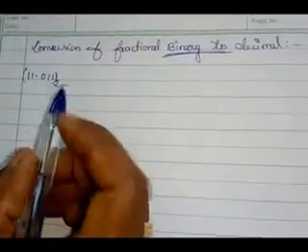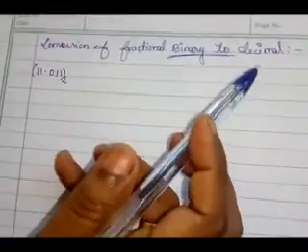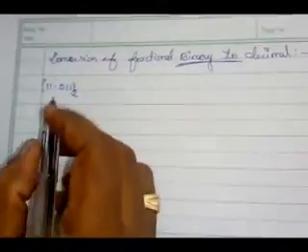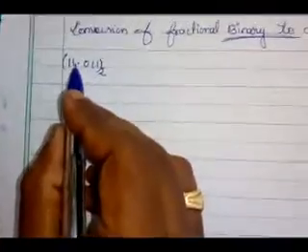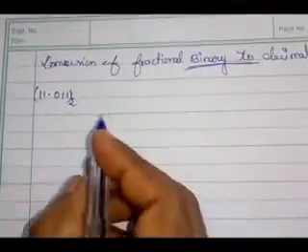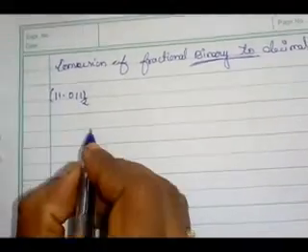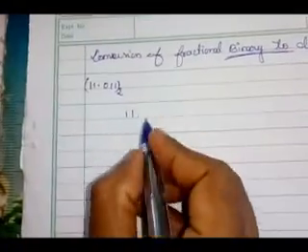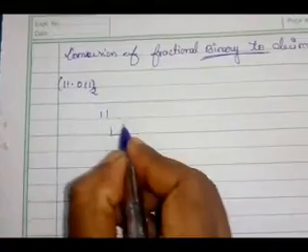Next conversion is conversion of fractional binary to decimal. Take one example, 11.011. 11 is the integer part, so we can do the ordinary conversion. How?